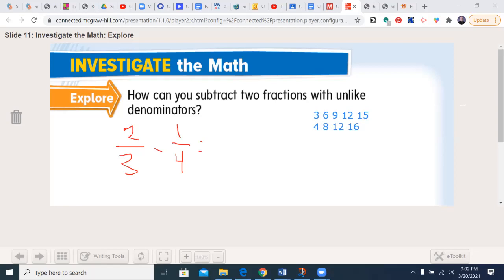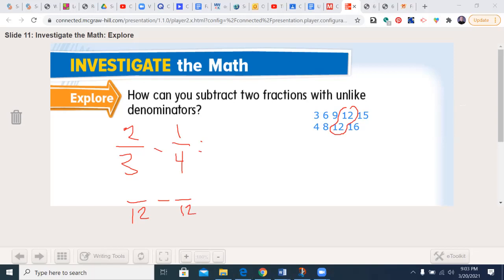So now I look, let's grab my annotation tool again. See where I have the 12 here. So I'm going to turn this into something over 12. Now my first question is, how many times does 3 go into 12? 1, 2, 3, 4 times.